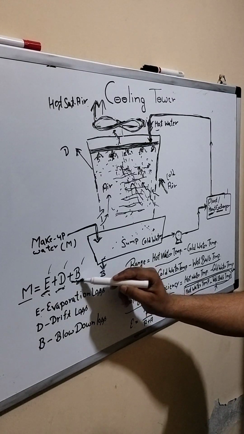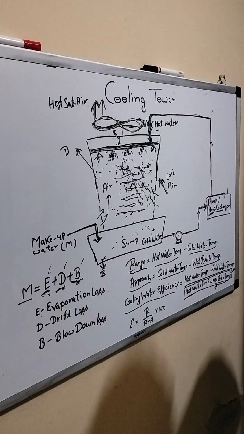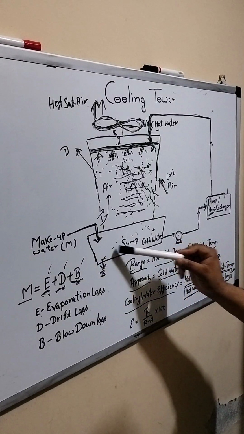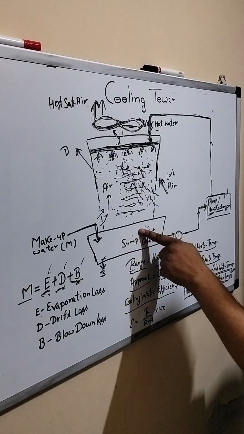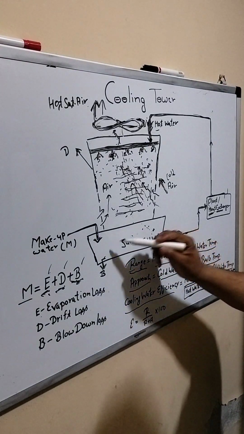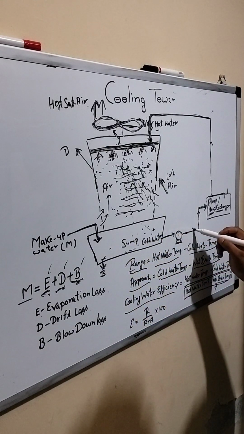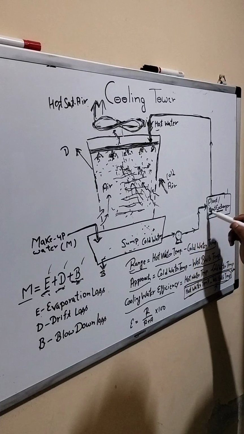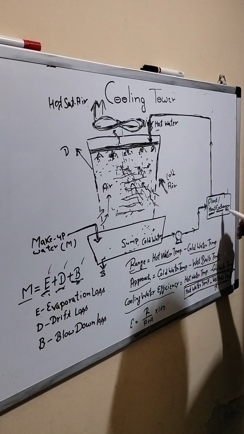The third loss, which is very important, is the blowdown loss. It is very necessary, because if you do not blow down, the dissolved solids and salts will increase in the tank, and then it will go through the transfer pump into the heat exchanger.